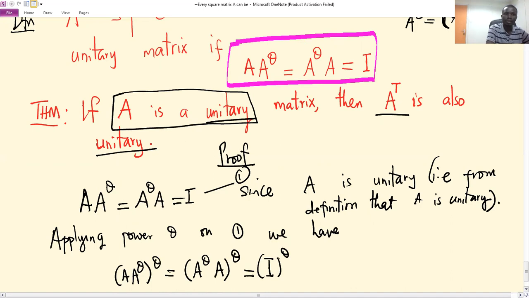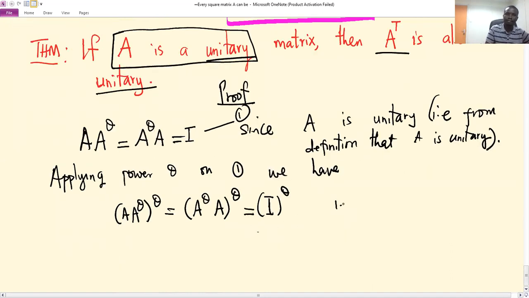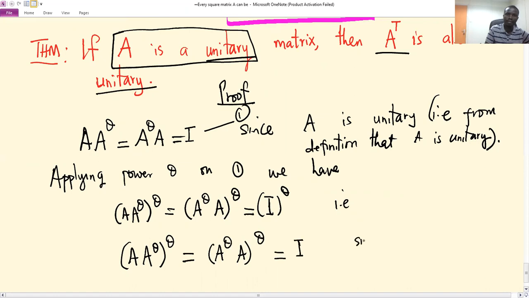So we have not interfered with the equation by doing that, i.e., A power theta equals A power theta equals I, since I power theta is just the same as I. Remember, I is the identity matrix.